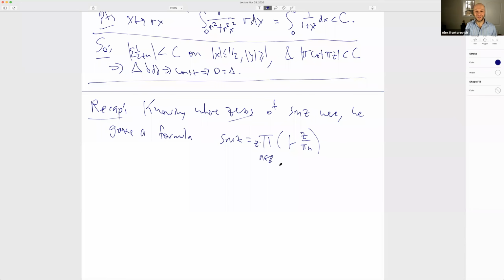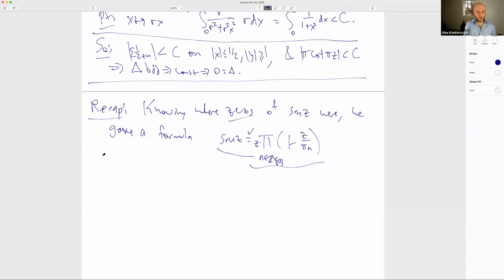At 0, you have to put a z there. These are the non-zero zeros. You have to separate zeros at the origin from zeros that are not at the origin. If you have a zero at the origin, that just means there's a factor of z. So knowing where the zeros of sine were, we were able to construct a formula like this, and then what we just finished is a rigorous justification of this formula.